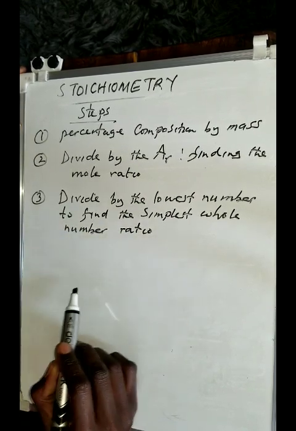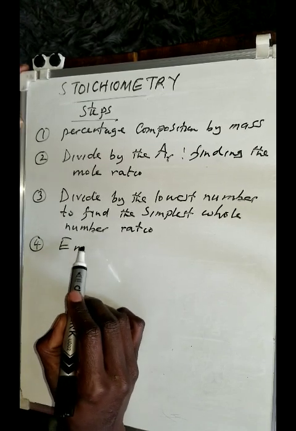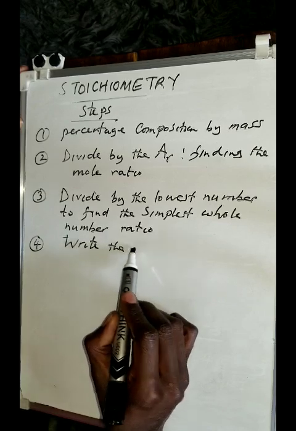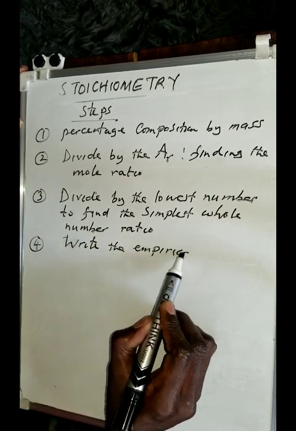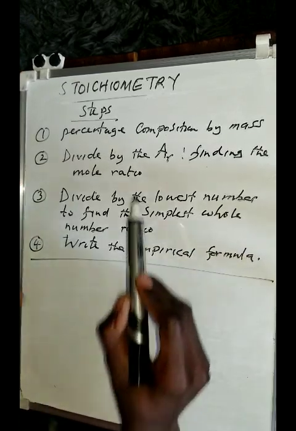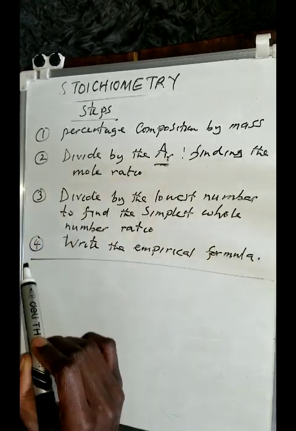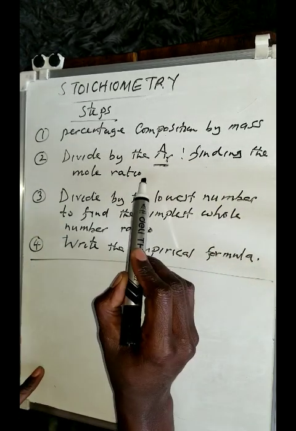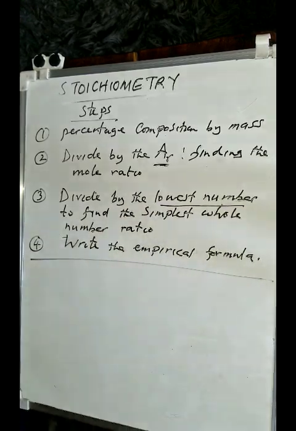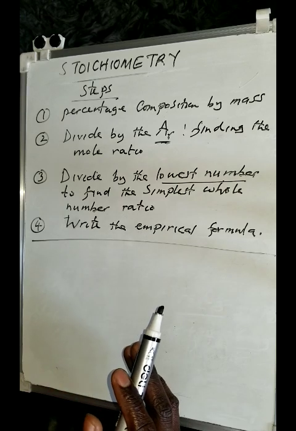Then lastly, after you do that, you can now write the empirical formula. So a quick summary: they'll give you the percentage composition by mass. You divide that by the atomic mass to find the mole ratio. Then you divide by the lowest number, to find the simplest whole number ratio. That is basically what you are going to be doing.